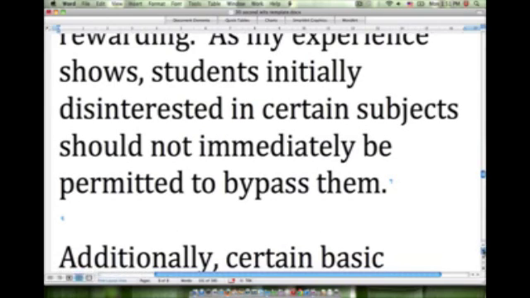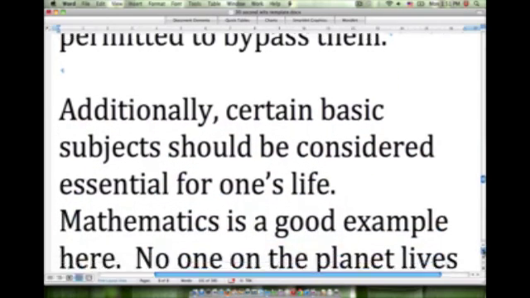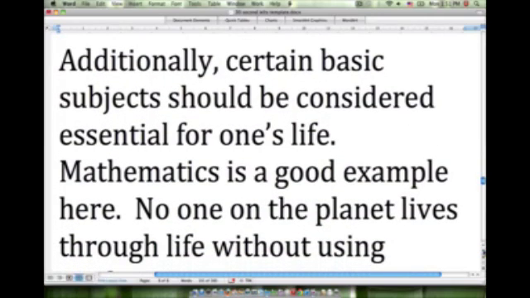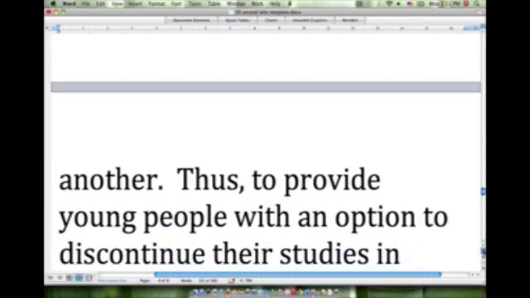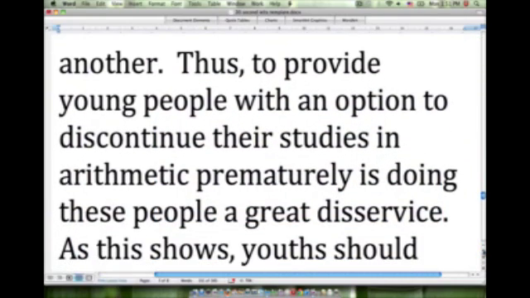Okay, good point there. Additionally, certain basic subjects should be considered essential for one's life. Mathematics is a good example here. No one on the planet lives through life without using mathematics at one time or another. Thus, to provide young people with an option to discontinue their studies in arithmetic prematurely is doing these people a great disservice.